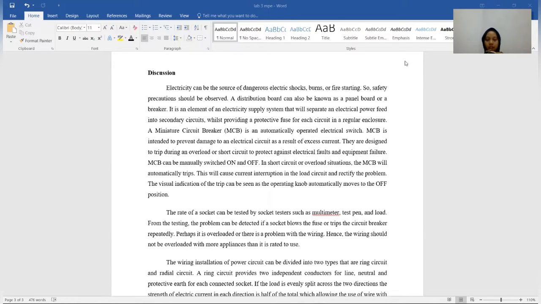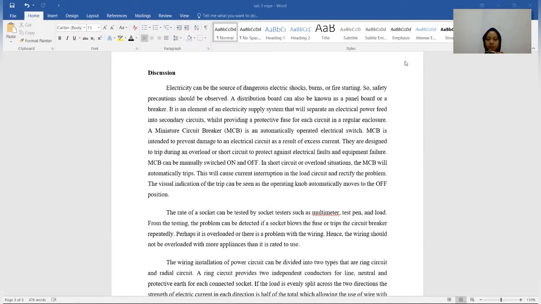A miniature circuit breaker, known as MCB, is an automatically operated electrical switch. MCB is intended to prevent damage to an electrical circuit as a result of excess current. They are designed to trip during an overload or short circuit to protect against electrical faults and equipment failure.